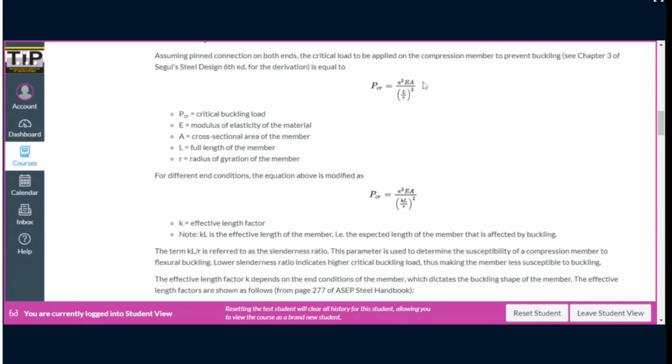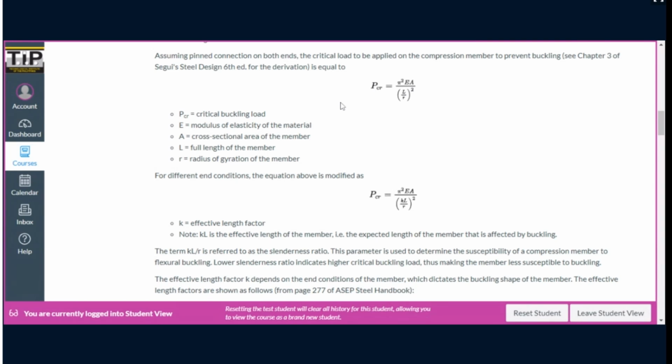So there you go. This is the critical buckling load. However, this one is only valid for simply supported columns, so pin connection or pin-roller connection. What if the support conditions are different?